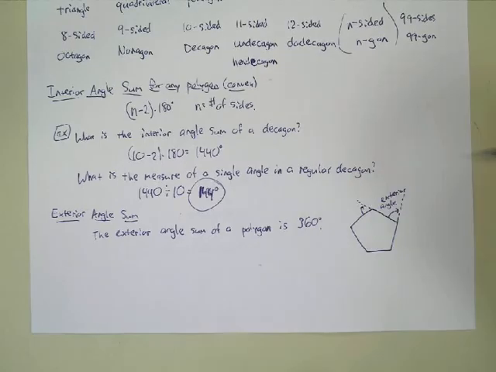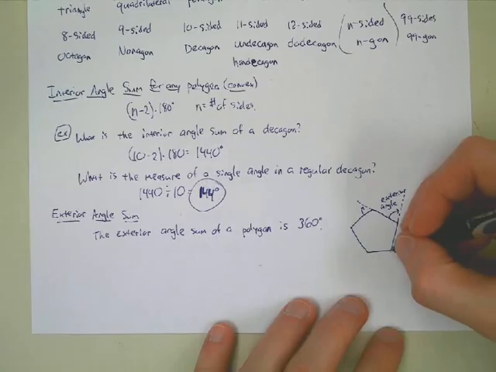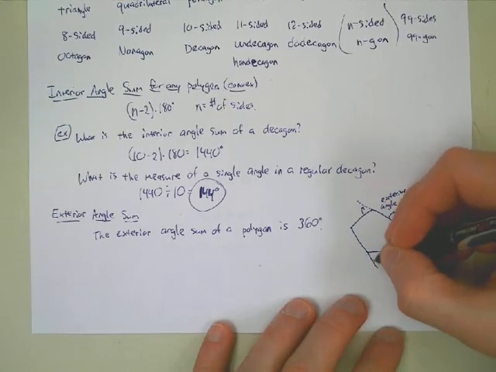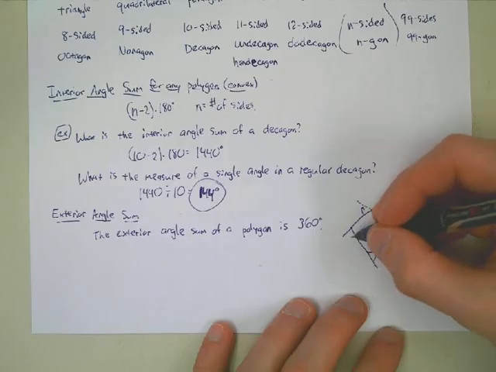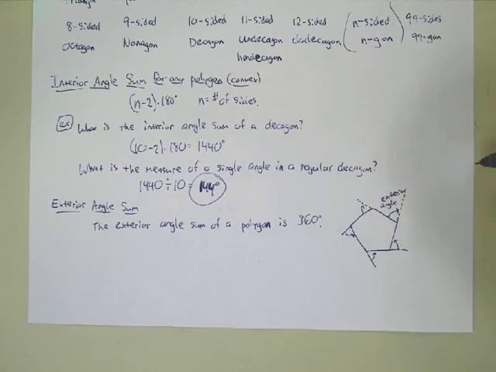You can extend any of the sides and you create exterior angles. Those are the exterior angles, and they all will always add up to 360 degrees. So for a pentagon, all 5 will add up to 360 degrees.